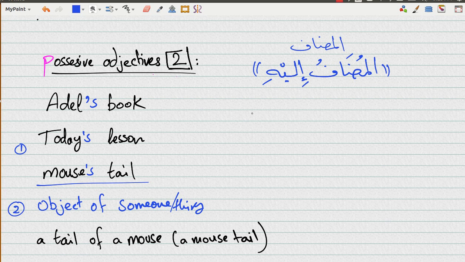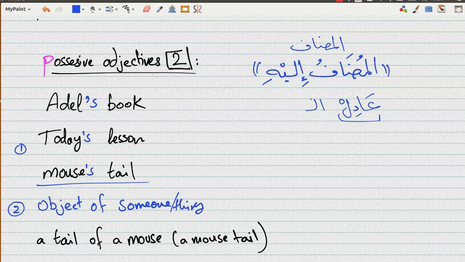So if I want to say Adil's book, in this case this is an Arabic name, Adil. The way we do it in Arabic is that you say first the thing or someone that you want to attach a possession to, and then the second word you just mention it there.